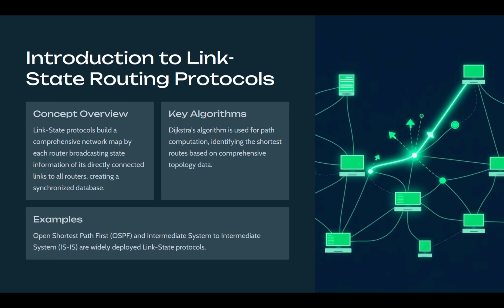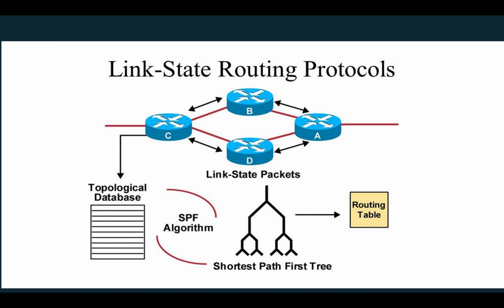The examples are Open Shortest Path First and Intermediate System to Intermediate System, which are widely used link state protocols. Here in this picture we can see that in link state protocols the packets look for the shortest distance to transfer the data.